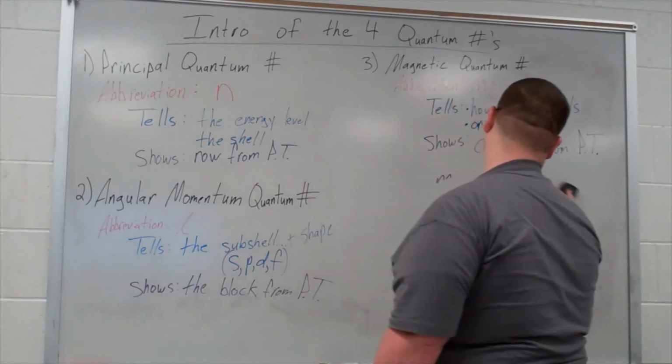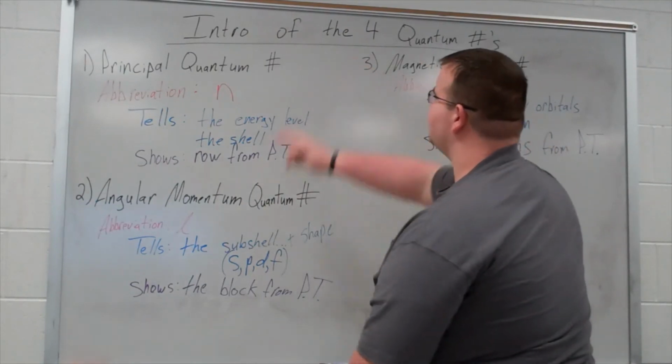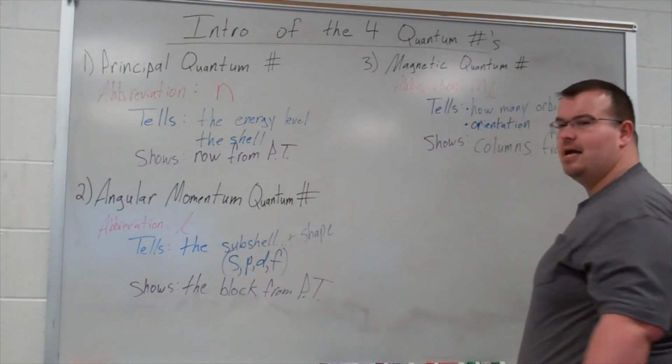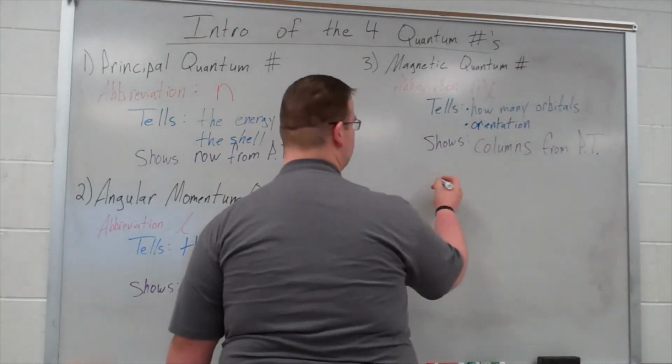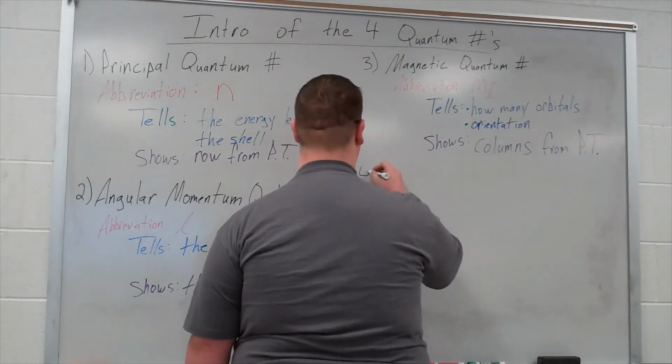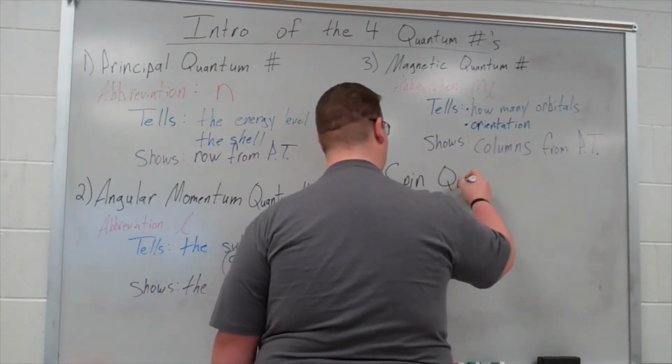So think about it. With this information we have, off the periodic table, we narrowed it down to 2 options. So now we need a fourth piece of information to narrow it completely down. And that's where the spin quantum number comes in.